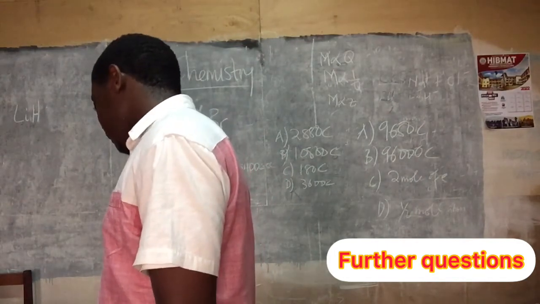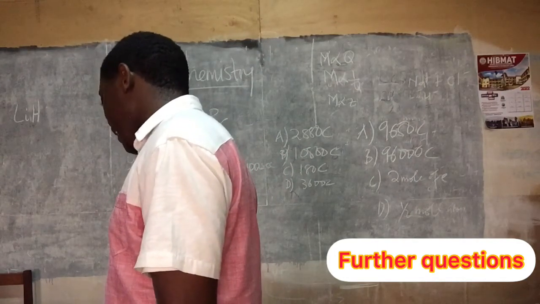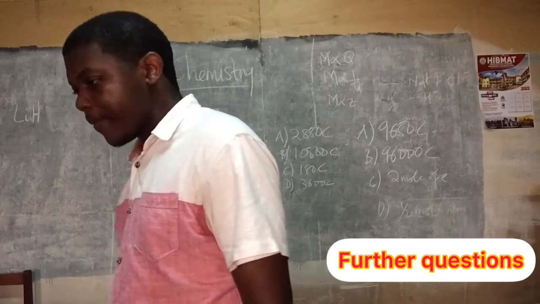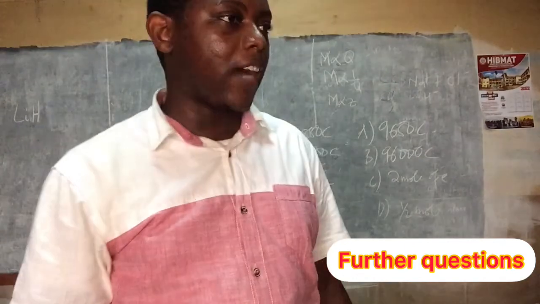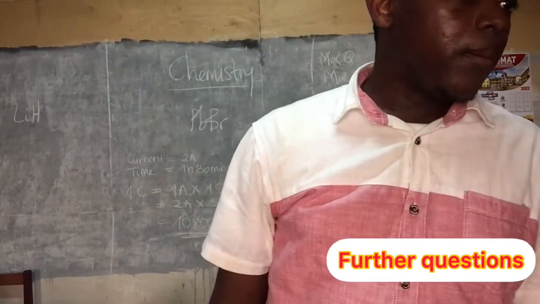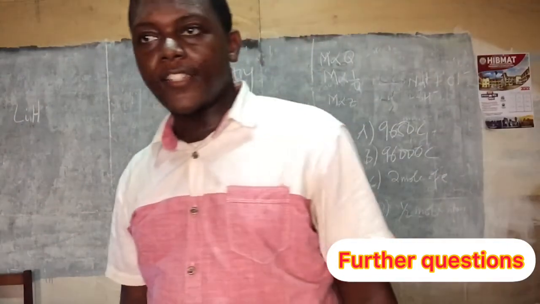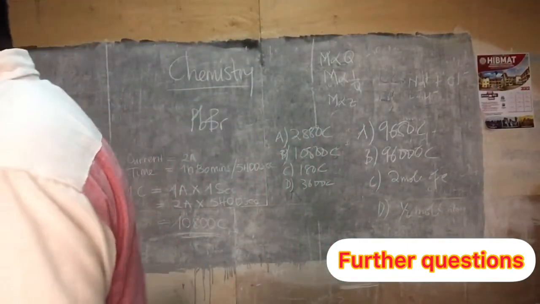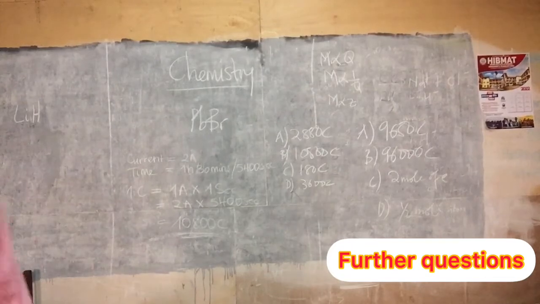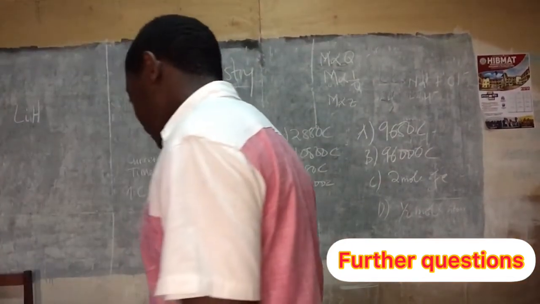Put in bracket: molar volume of gas is 24,000 cm3 at ROTP.